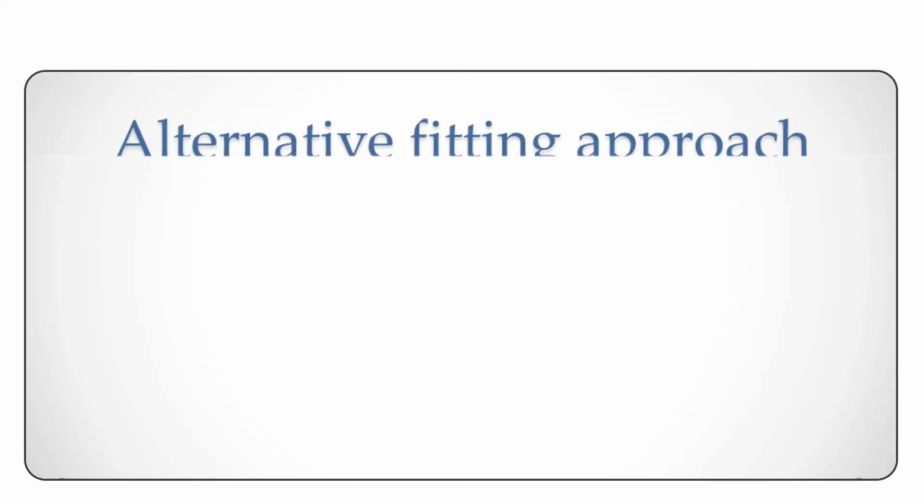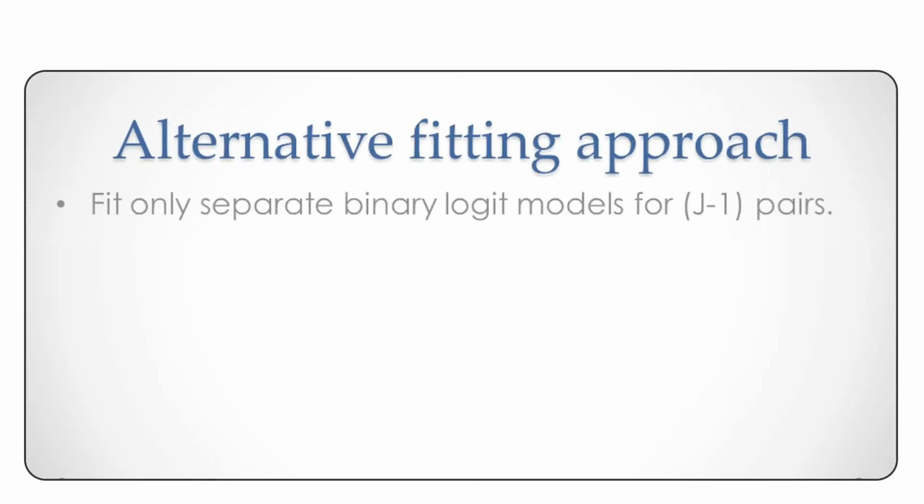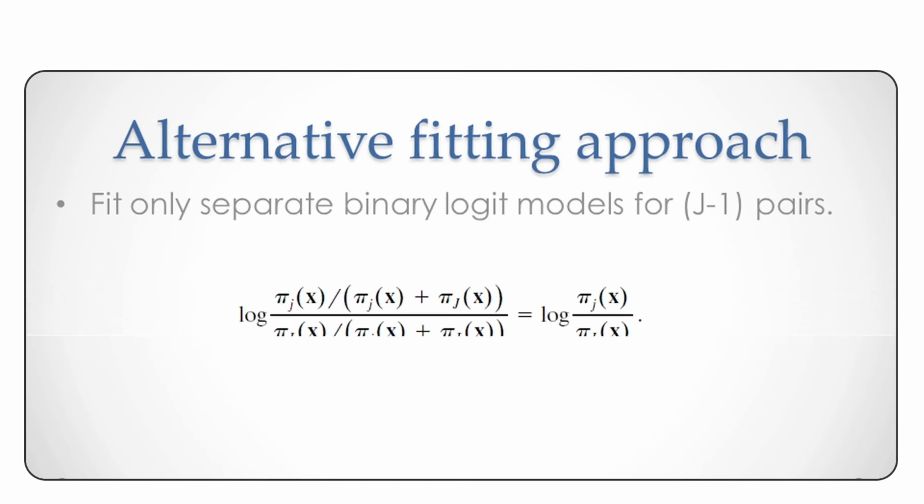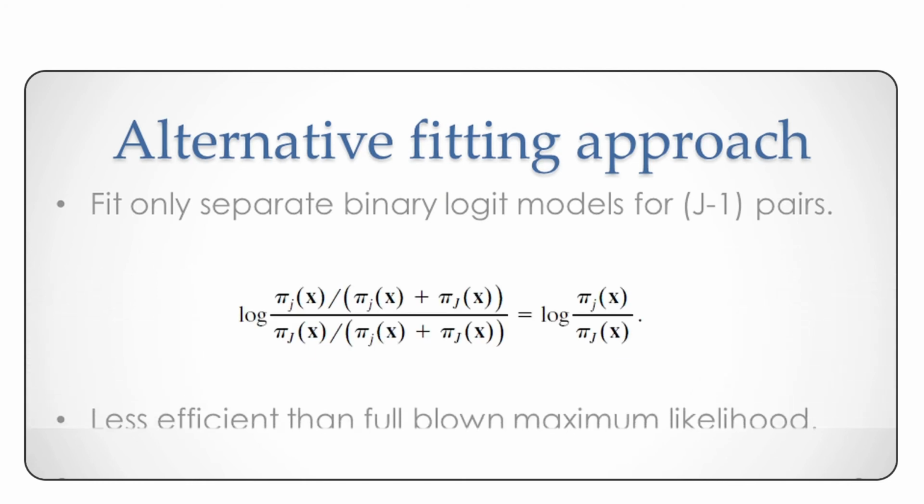Now, there is no easy way to extract the beta j's from this function, and thus any maximization has to be numerical and iterative.